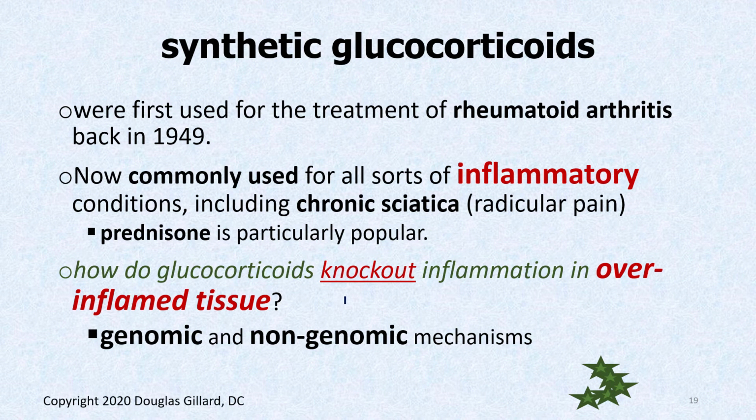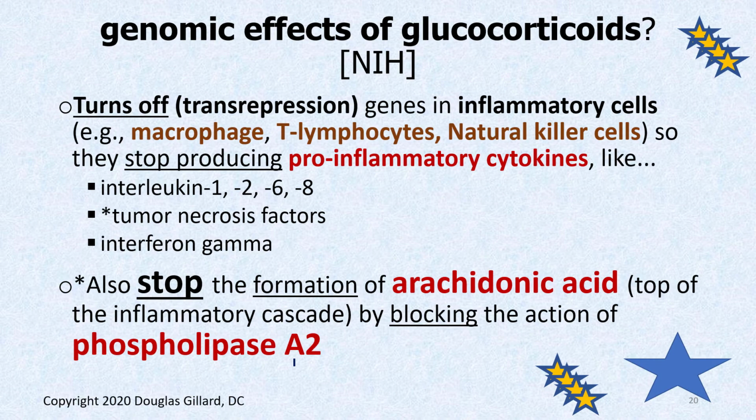How do glucocorticoids knock out inflammation? We've talked a lot about the inflammatory pathway, but let's get a little deeper into inflammation. There are genomic and non-genomic mechanisms where these glucocorticoids can knock out the inflammation process.